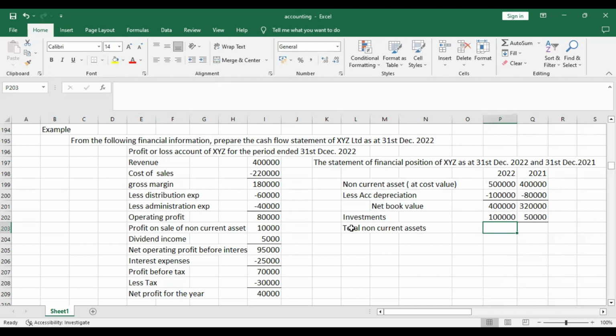How much is it? Total non-current assets are 500,000 and 370,000. Are you clear?